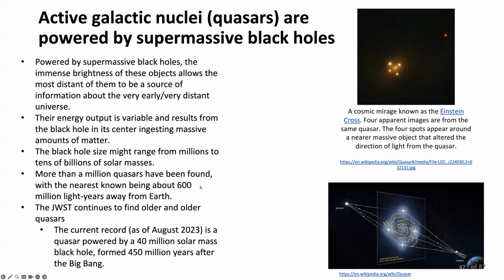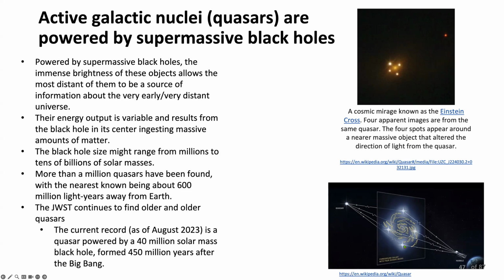So we have hundreds and hundreds of these, millions of these quasar objects. And in some cases, the alignment is just right, so we see these mirages. Now, how do we know that each of these 4 bright spots that are shown here are all coming from this quasar? And the answer is we measure the redshift of each.